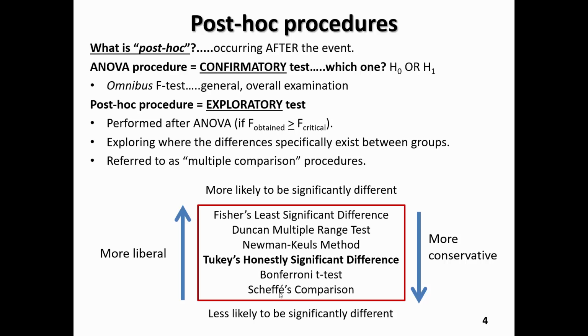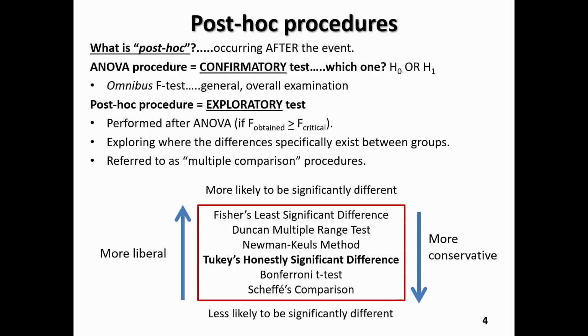So at the very high end of setting the highest standard for determining and stating which pair is statistically different, the Scheffé comparison is the most conservative, and so this is the one where the comparisons are less likely to be significantly different.